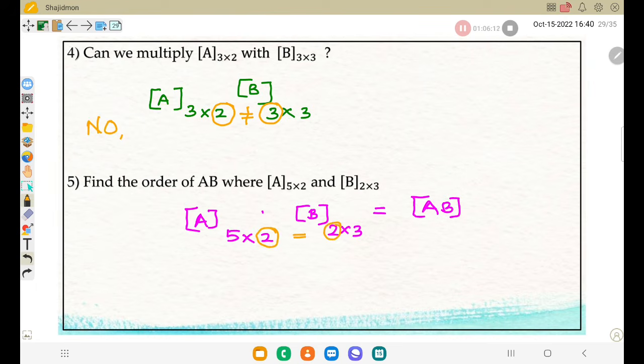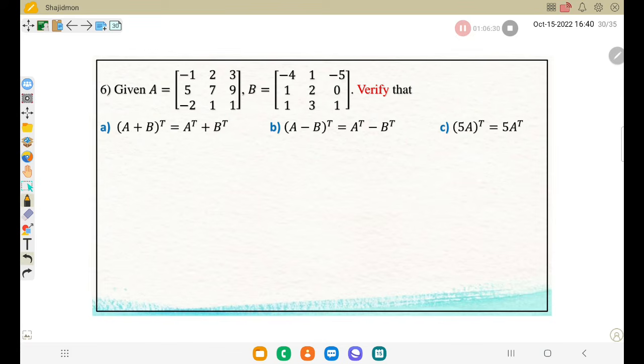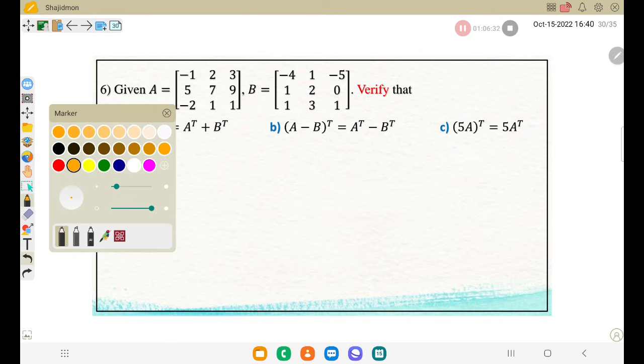So both are same. So we can multiply. So AB matrix order means the first number here, the last number here, correct? So what will be the order? 5 by 3 matrix. Hope you understood this question also. Just multiple choice questions.